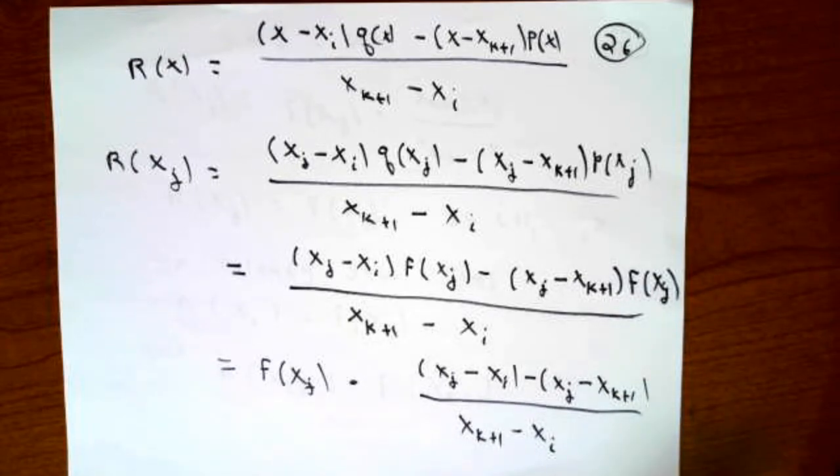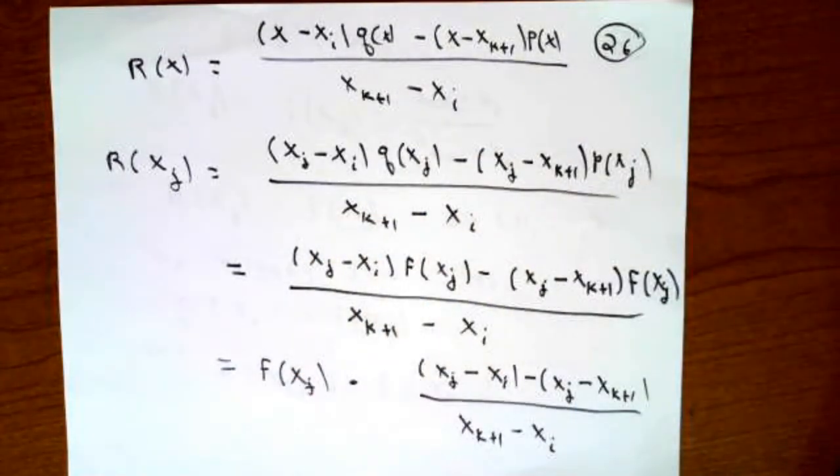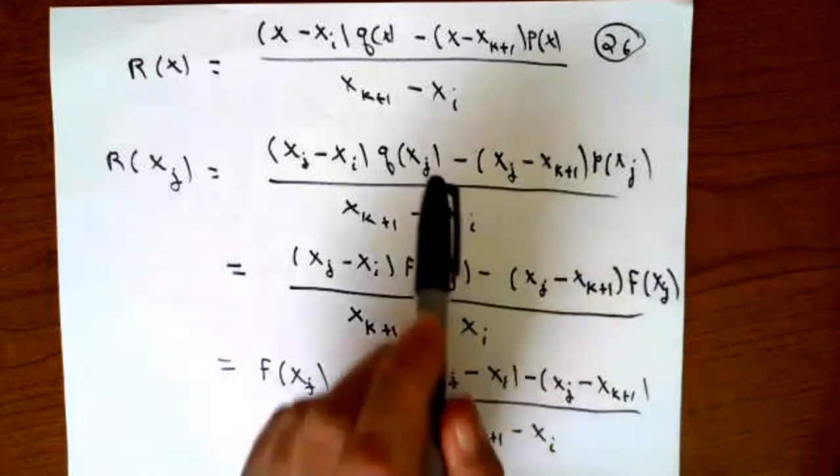So I'm going to evaluate r at x_j this time. As before, any place you see an unindexed x in the r formula, just replace it with x_j. We just mentioned that at the kind of index we're looking at here, both p and q produce f at x_j when supplied with x_j as the input.